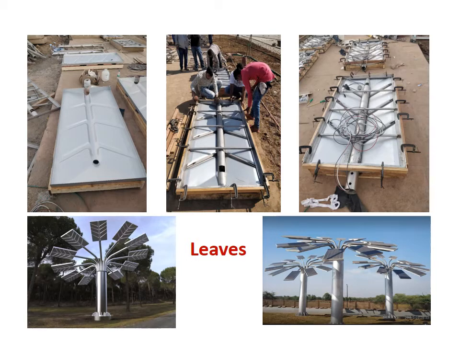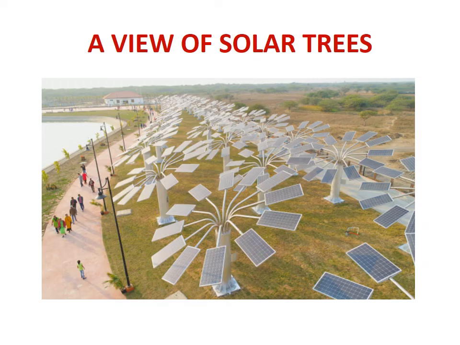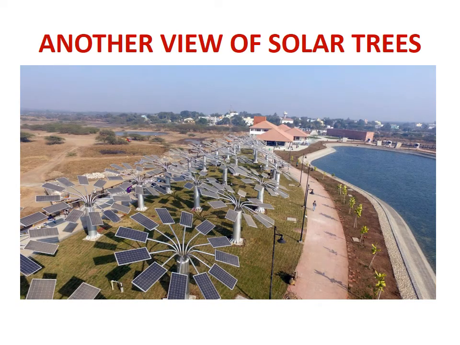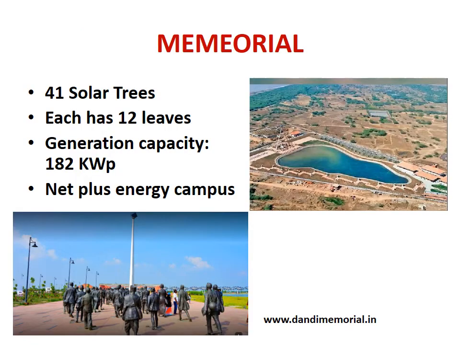So these were supported, and you see the concept shown on bottom left, and on the right side you can see the solar trees. And then finally they were completed, and you can see the view of solar trees in Dandi Memorial, Gujarat. Another view which you can see in the campus, another view of the solar trees.